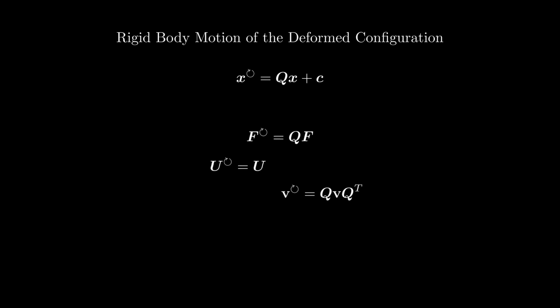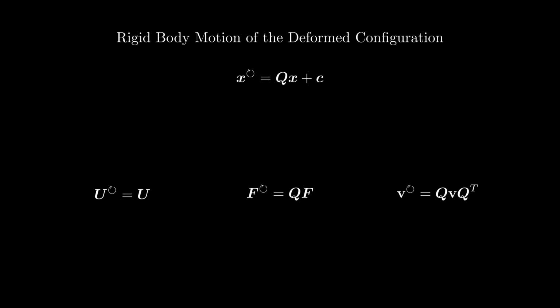It seems that different tensors react differently to rigid body motions of the deformed configuration. Tensors like U that are invariant to such rigid body motions are called Lagrangian tensors. You can think of these tensors as tensors that are in some sense related to the undeformed reference configuration, which means that they are not affected by rigid body motions of the deformed configuration.